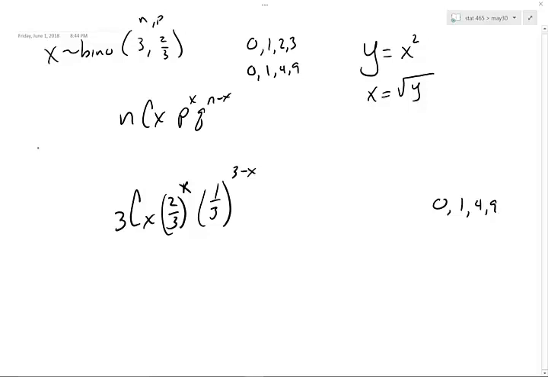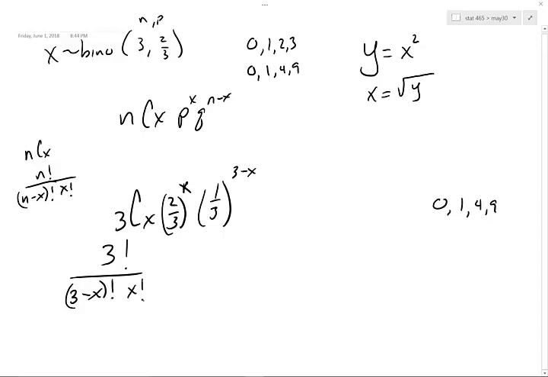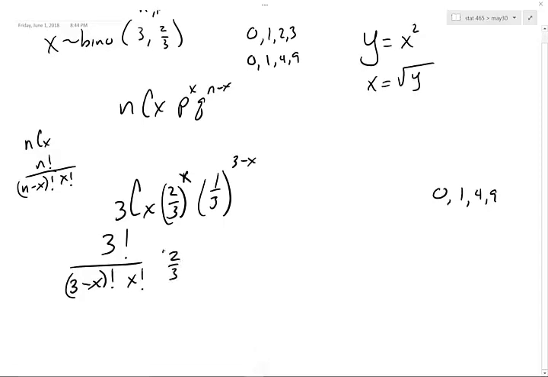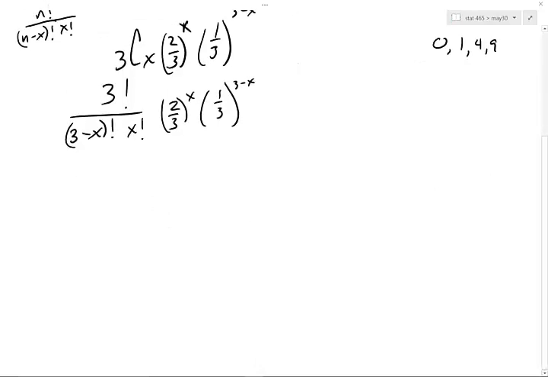So what is a combination? Well, if you remember, n choose x can be written as n factorial over n minus x factorial times x factorial. I can break this out like this. And then I'm going to have 2/3 to the x, 1/3 to the 3 minus x. Okay, now it's time to substitute, right?